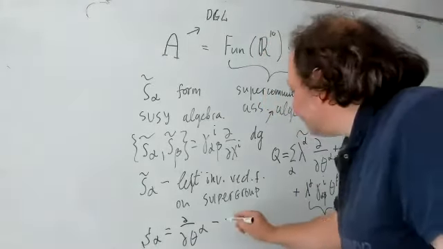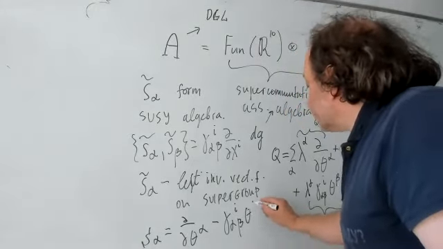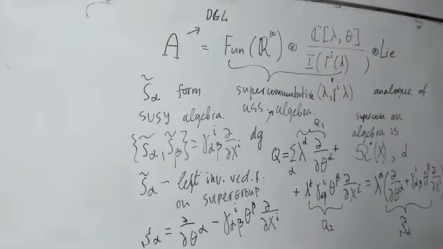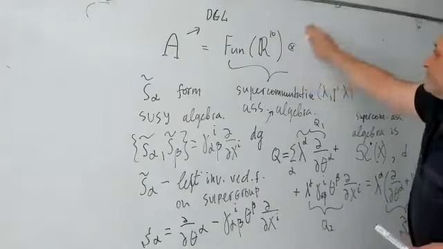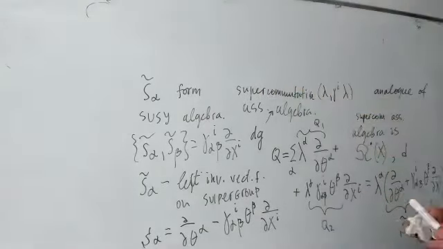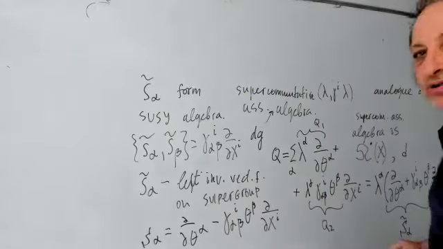Minus. Now, how to see that they commute on the level of formulas?